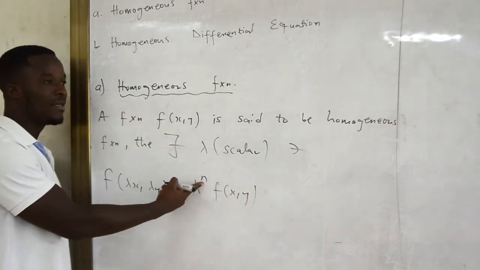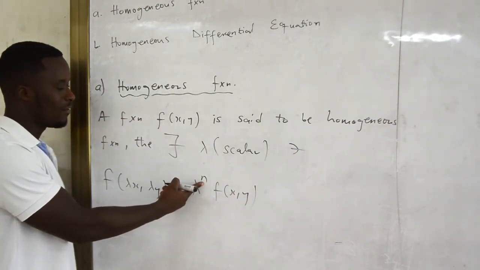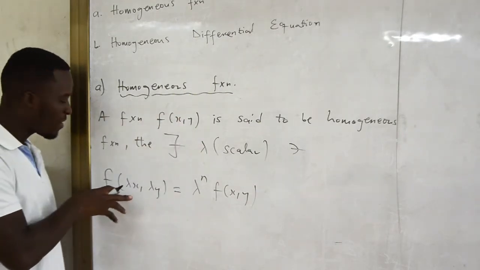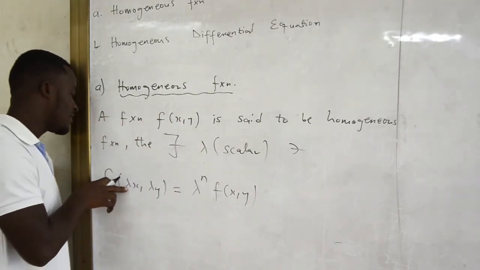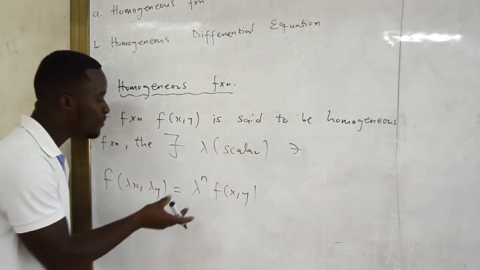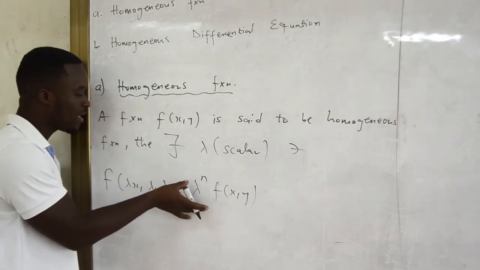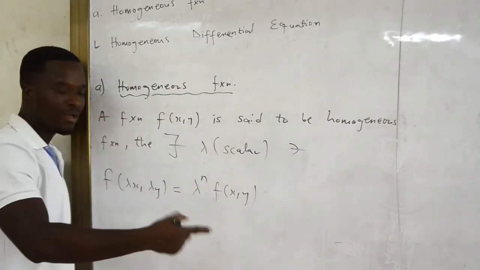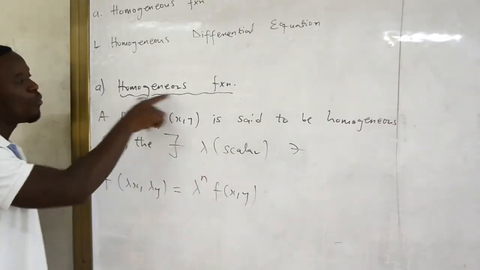This n is any natural number. So that's termed a homogeneous function.